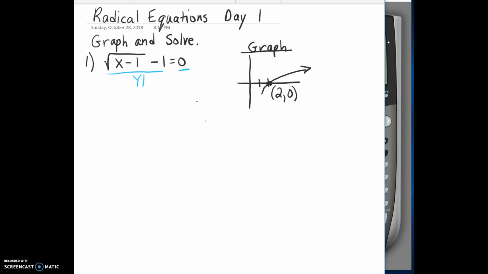Now for solving purposes, we'll go back to the original. You would first want to add 1 to both sides, get the radical by itself.